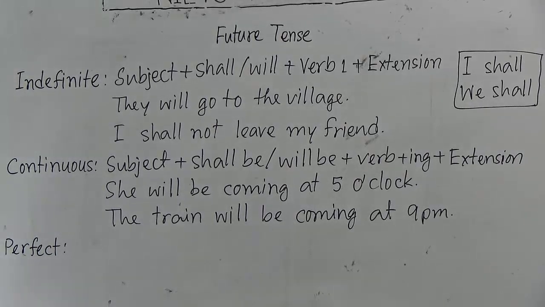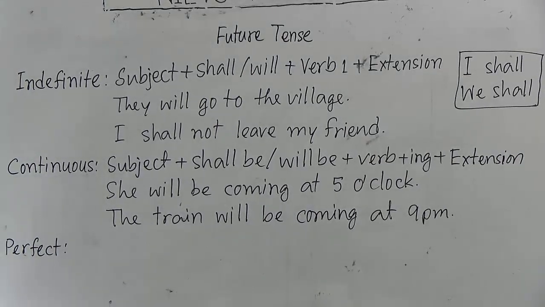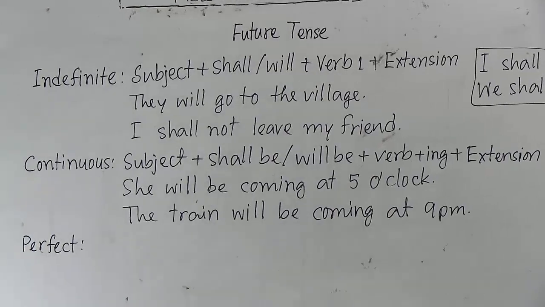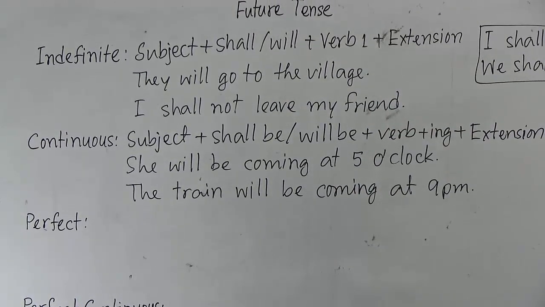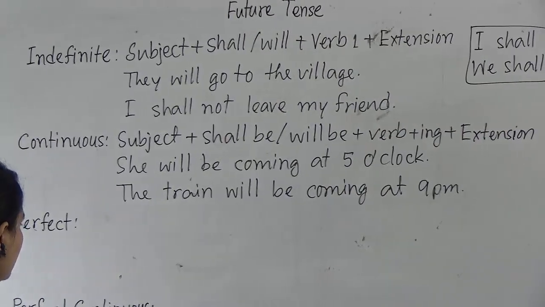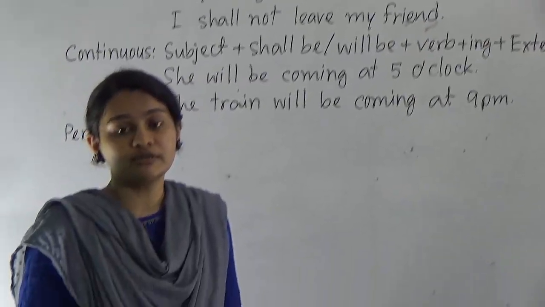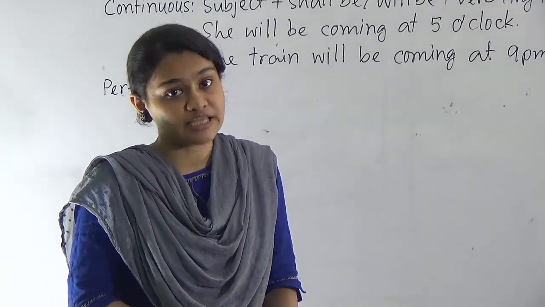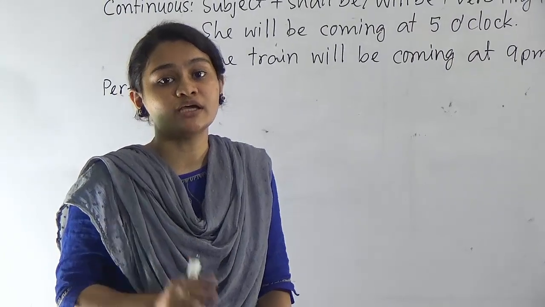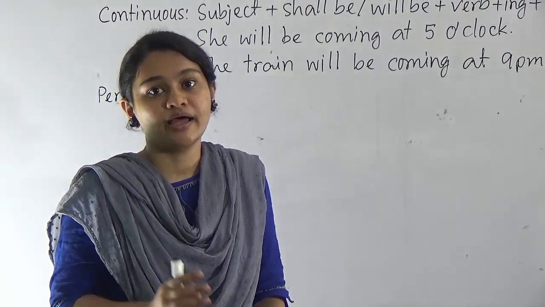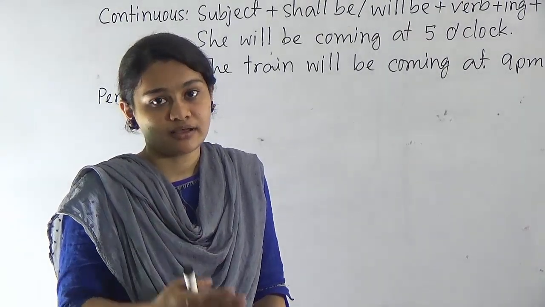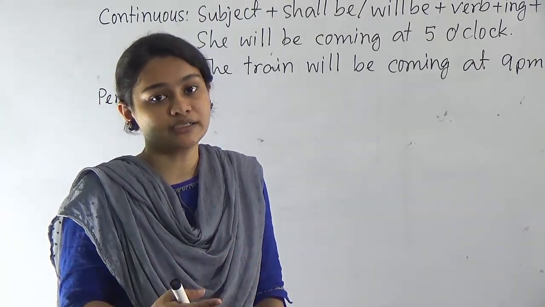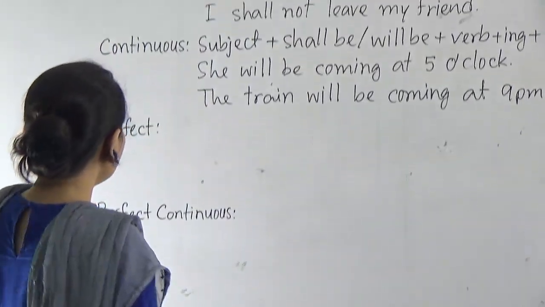Now future perfect tense, and we use future perfect tense to show an action which will occur in the future before another action takes place. That means there will be two actions and one action will occur before another action takes place. Okay.